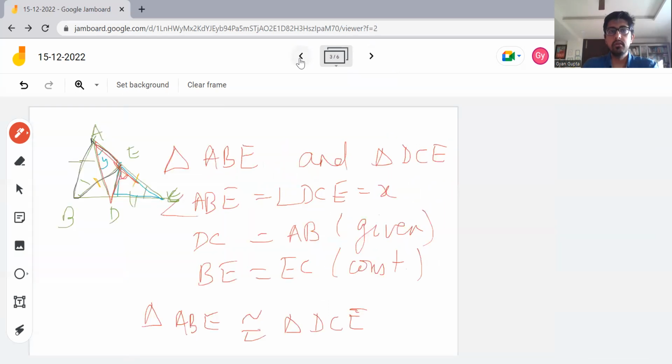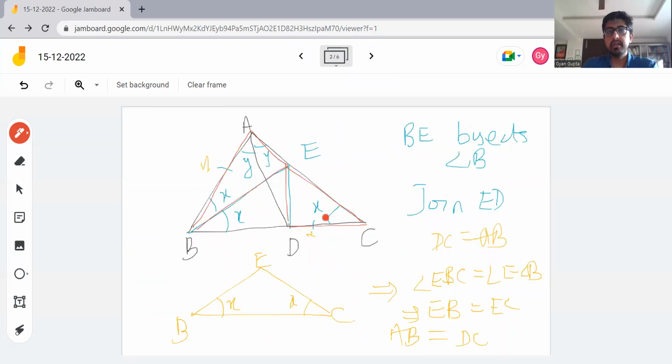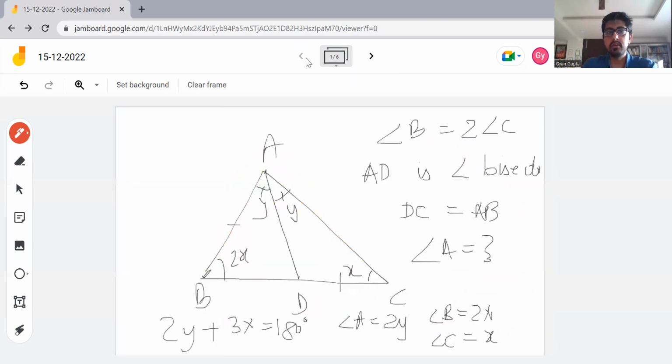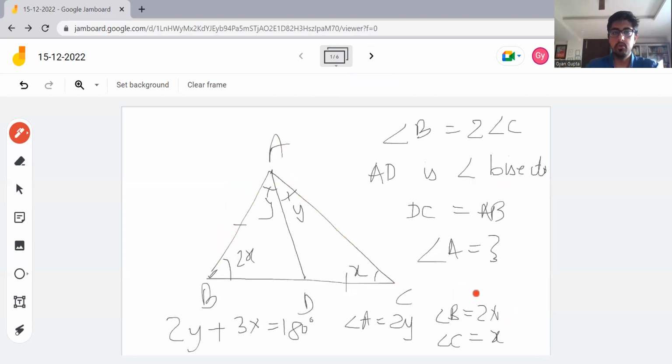So we get x is equal to 36 degrees, angle DAC is y, angle BAD is y, so angle A is y plus y, which is equal to 2y, which is equal to 72 degrees.